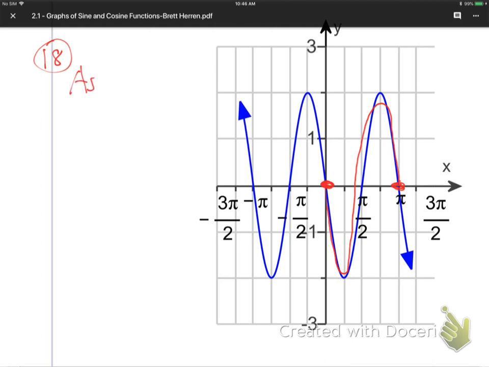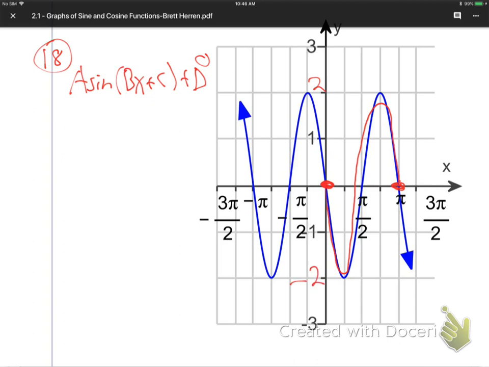So I'm thinking, okay, so it's A sine(bx + c) + d. The d, can you see the d is just 0? There's no d, because the midline is just the x-axis. So the d is 0. What's the A? What's the amplitude? 2, good, because it's going 2 above, 2 below, isn't it?